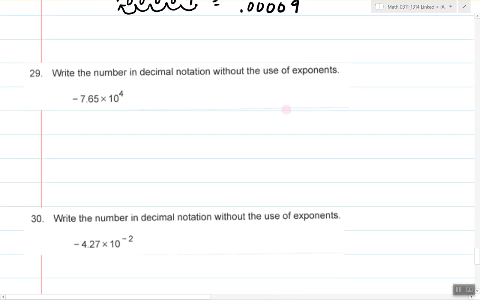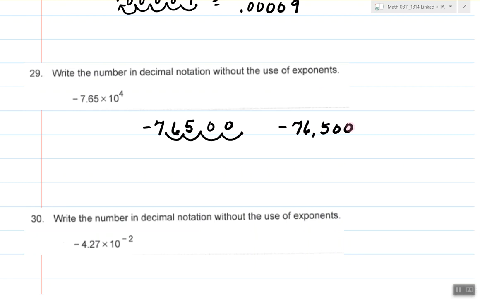Another one, positive exponent. It's got to get bigger. So it's negative 7.65. That's multiplying by a power of 10. A second one, a third one, a fourth one. Fill in with zeros. That is negative 76,500. And so I guess literally someone might want to argue that a negative number was not big, but its absolute value is big.